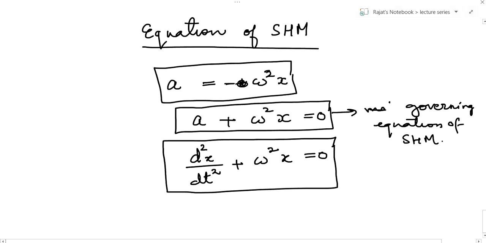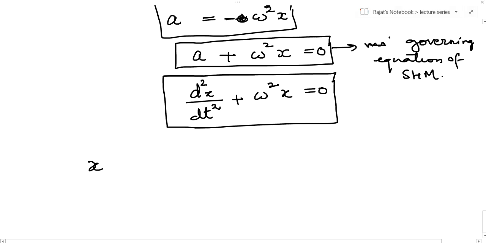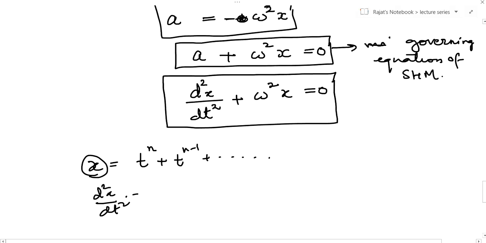Now just think about it. How do you think x should vary with time? Suppose x varies as a polynomial of time, let us say t to the power n plus t to the power n minus 1, something like this. If you differentiate x twice, d2x by dt square, then the power of t will come down by 2.